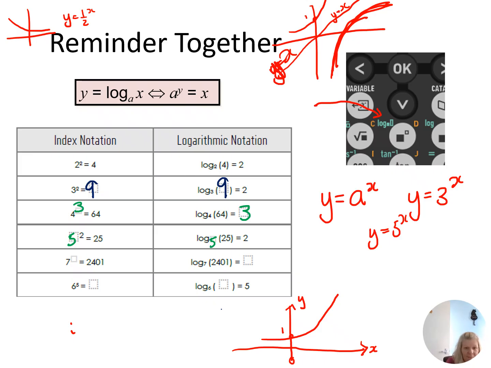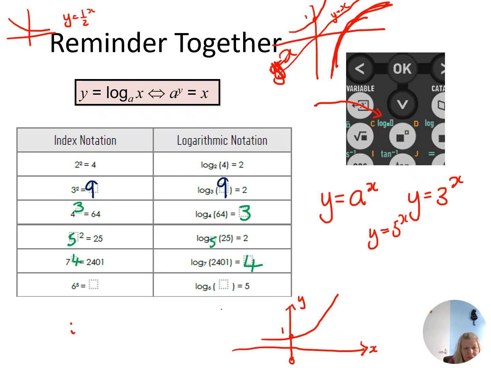So I'm shift that power button, put a base of 7 on it, and type in the 2401, and the calculator's telling me it's 4. So from the machine I can get that as 4, and therefore that power will be 4. You can check it.